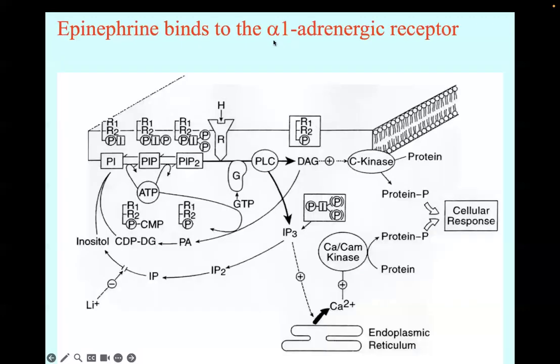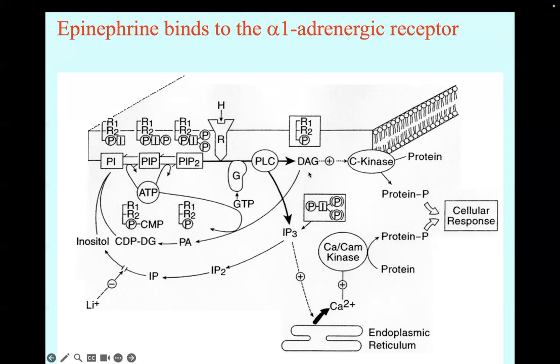Now, we're still with epinephrine, the alpha 1 adrenergic receptor. This one is GQ, and GQ activates phospholipase C. Here we use as an example the membrane kind, but there are also phospholipase Cs that are soluble. They're variants.